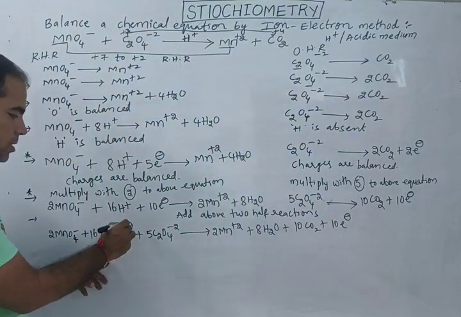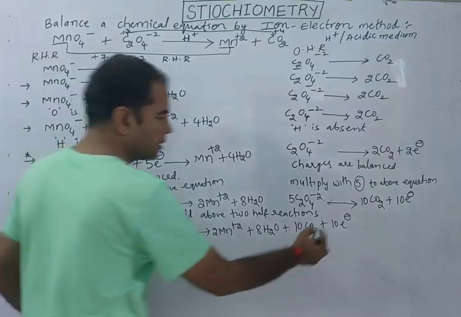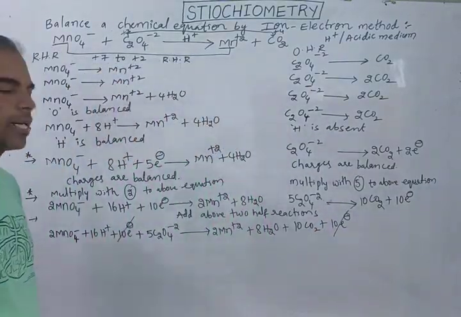See here, 10 electrons on the left side, 10 electrons on the right side get cancelled.